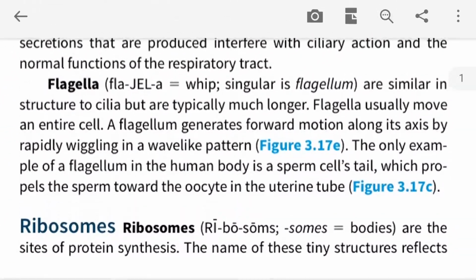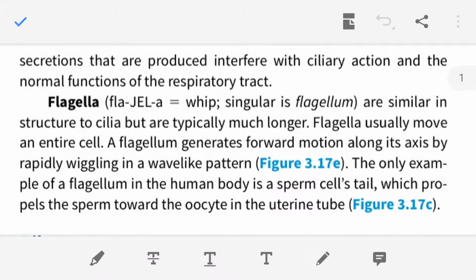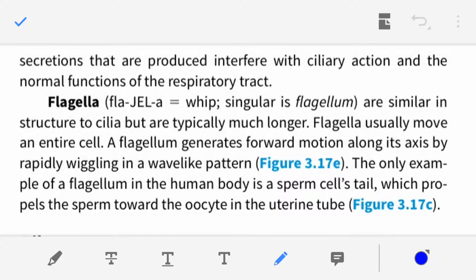Now flagella. See, flagella means whip, and flagellum is the singular of flagella. Now flagella are similar in structure to cilia. So the structure of cilia and flagella are the same, 9+2 arrangement of microtubules.